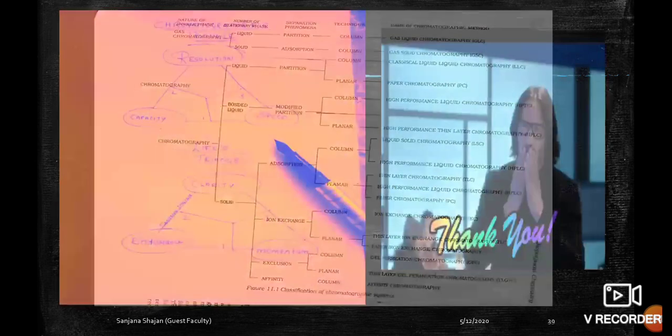You can just have a look at this so that you know the variety of chromatographic methods and the principle on which they separate. In future semesters, you'll be studying each of these types of chromatography in detail. But for now, we just have to know an overview of all the different types of chromatography.